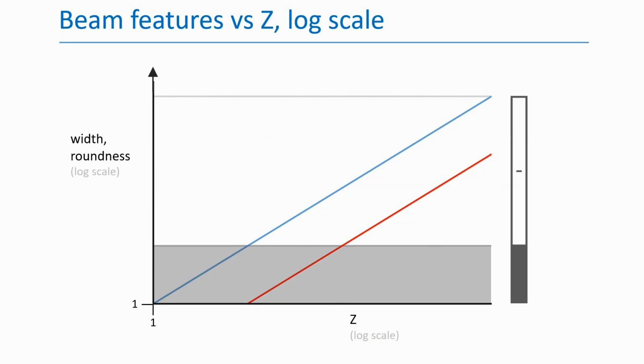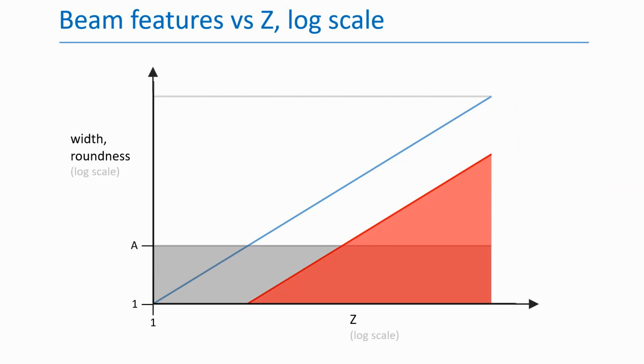Because it's so much more convenient to think in visual terms, here's another trick that can make it easier to interpret the plot. If we shade in the region that represents the static plenary factor, it makes it much easier to identify. We can also do the same for the live plenary factor. And if we superimpose the shaded regions, we can see at a glance how the stripe and roundness evolve.